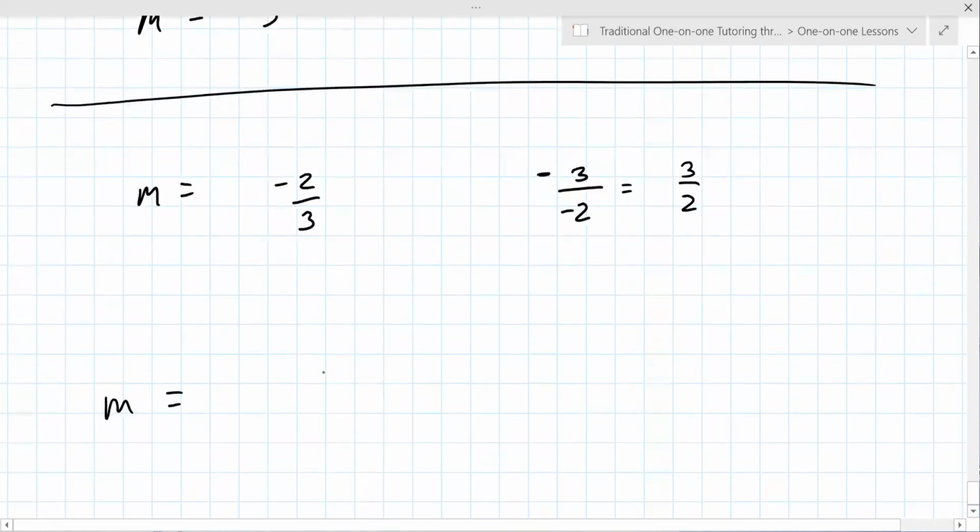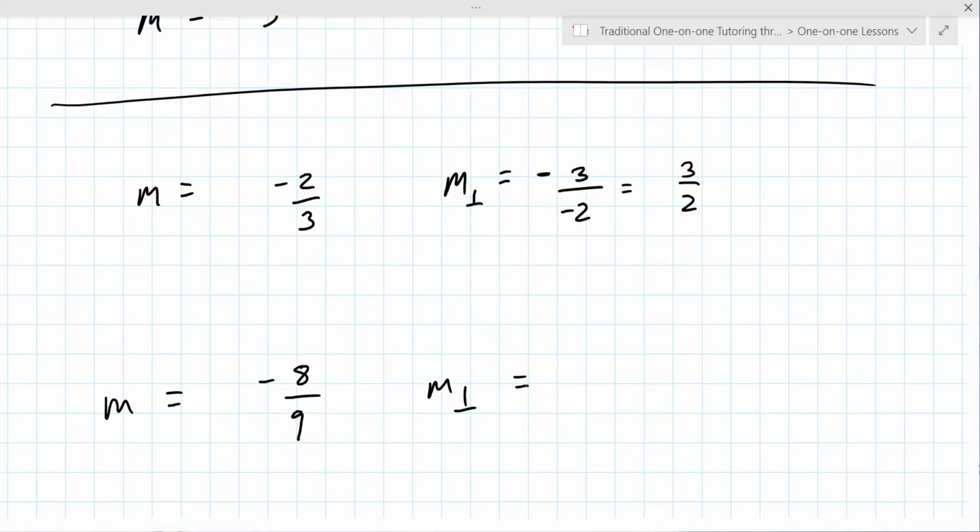Let's try another one here. Let's say the slope is -8 ninths. So these are the perpendicular slopes. Let me just write my equation. I'm asking you to flip -8 over 9.